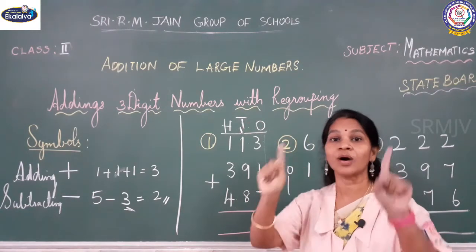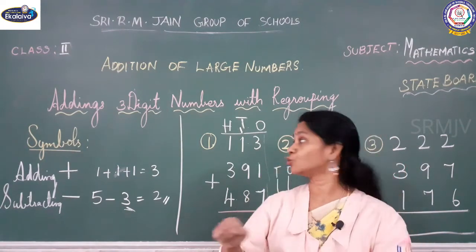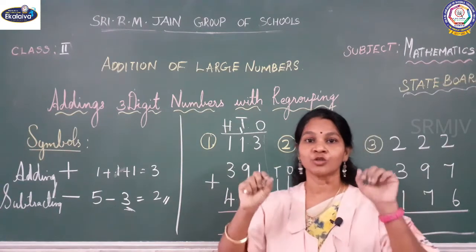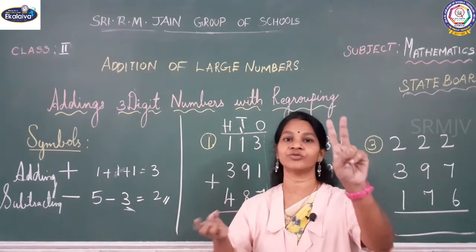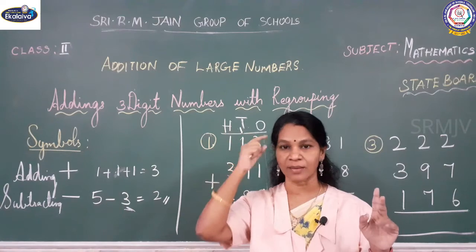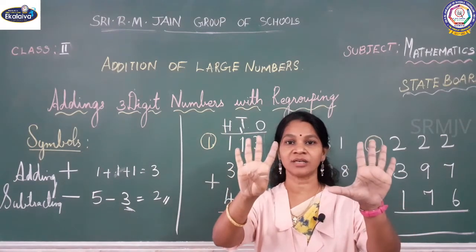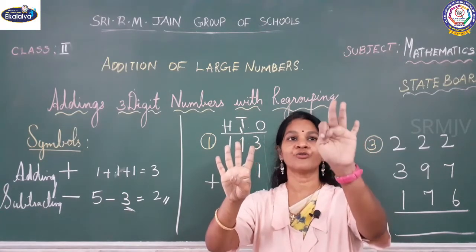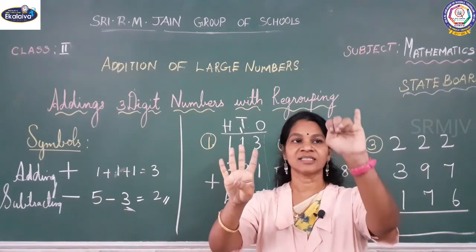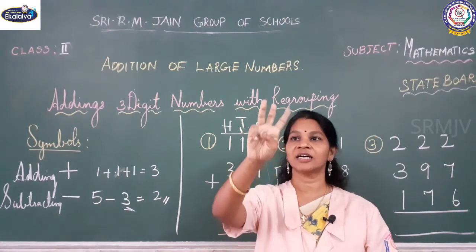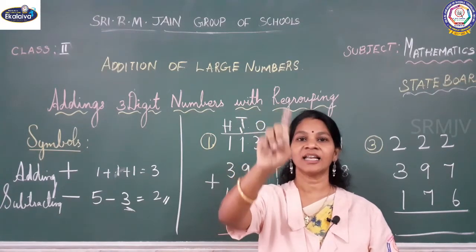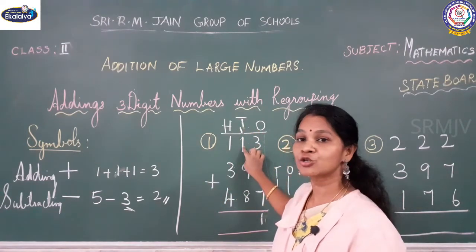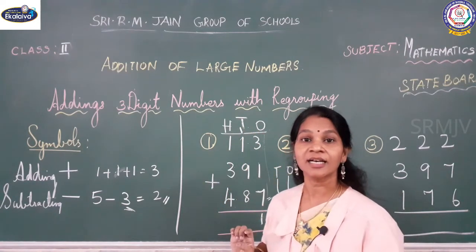1 plus 1 is 2. And then this next number, 2 plus 9, 2 in the mind. We don't have 2 fingers and 9 fingers. So, 2 in the mind and 9 on the fingers. 2, after that 3, 4, 5, 6, 7, 8, 9, 10, 11. 2 plus 9 is 11.